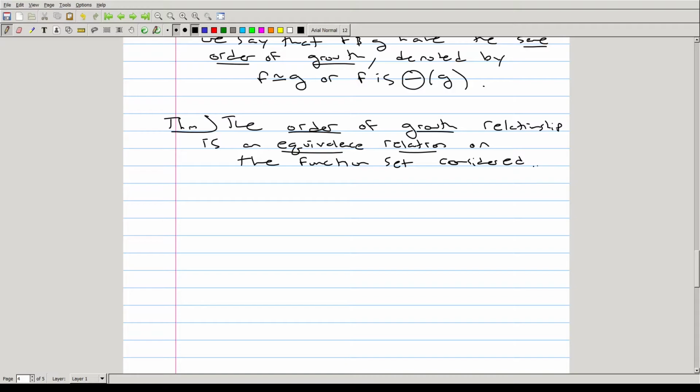So either on the set of functions from the natural numbers to R, the real numbers, or the set of functions from the real numbers to the real numbers.